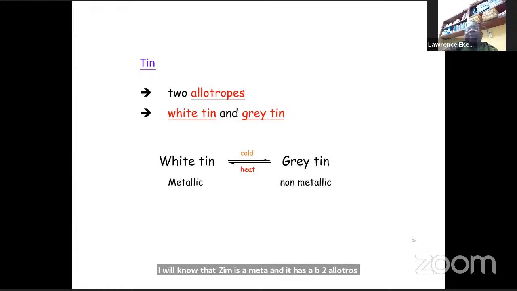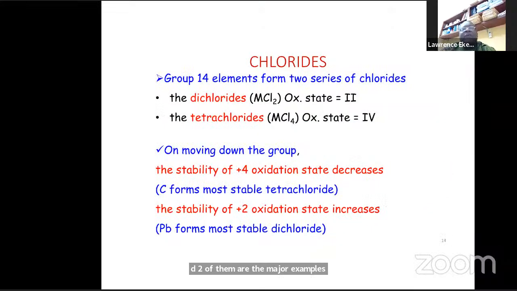Depending on the temperature, white tin can be converted to gray tin. White tin is metallic in nature, while gray tin is not metallic. If gray tin is warmed, it will be converted back to white tin. So there's a transition between white tin, which is metallic, and gray tin, which is non-metallic. These two are the major examples of allotropes of tin.